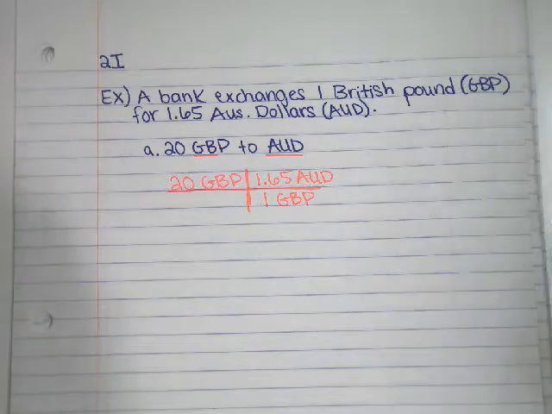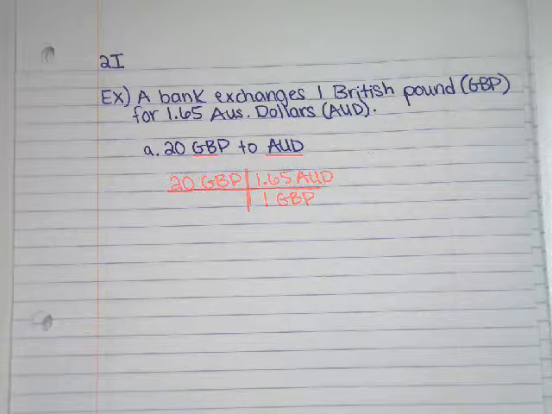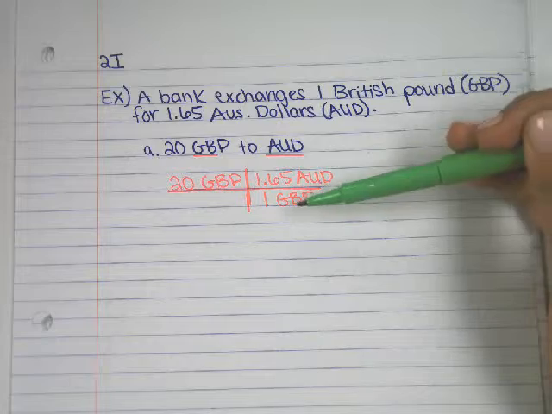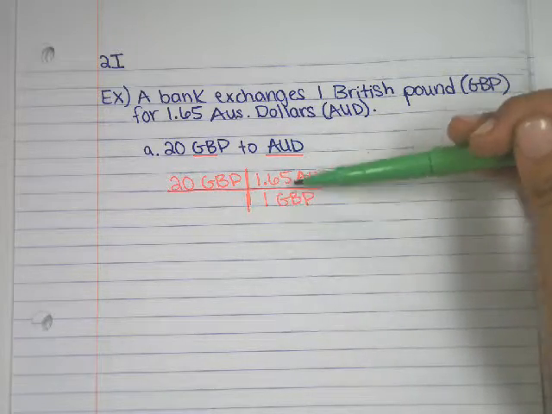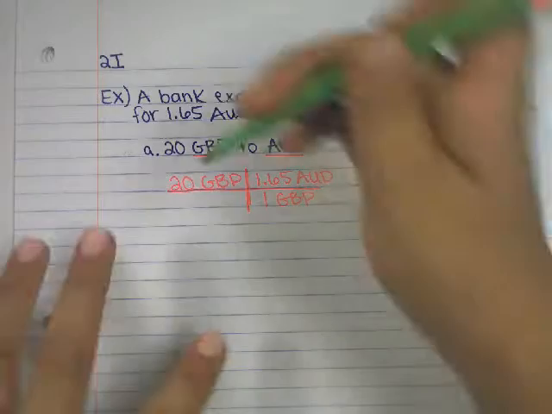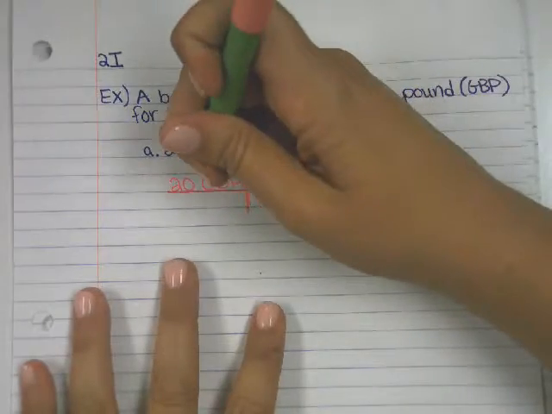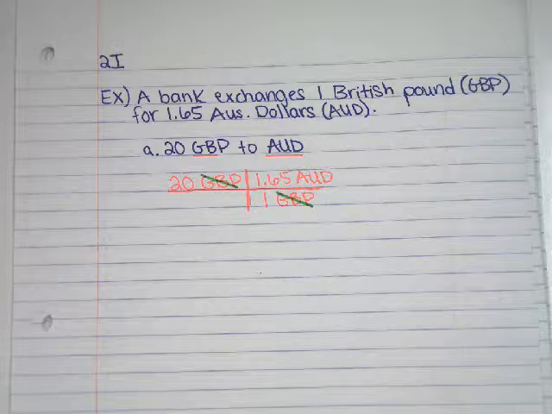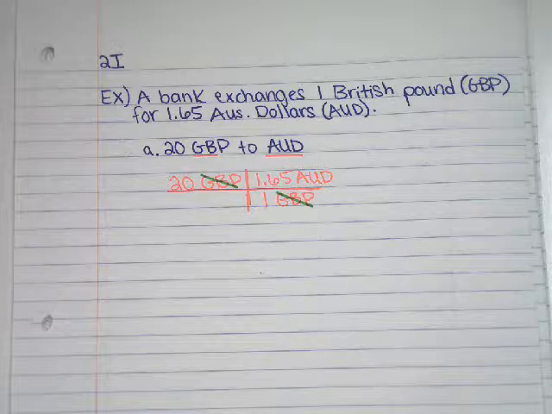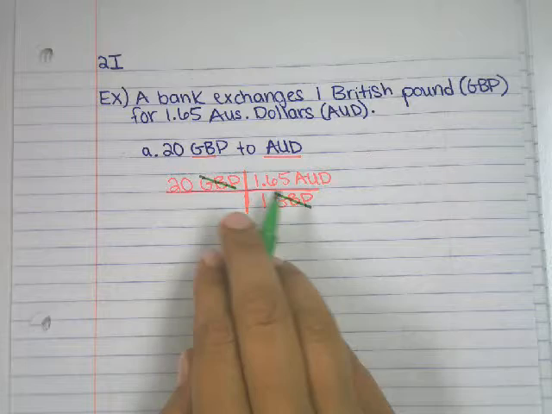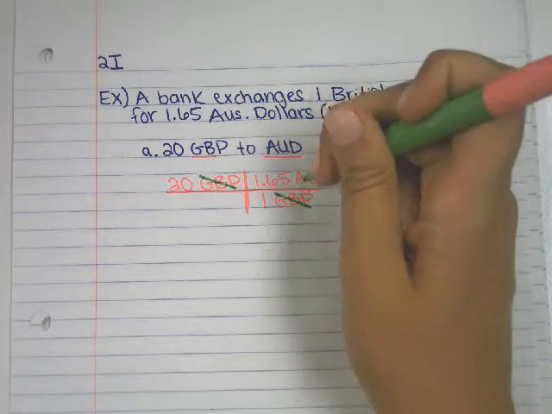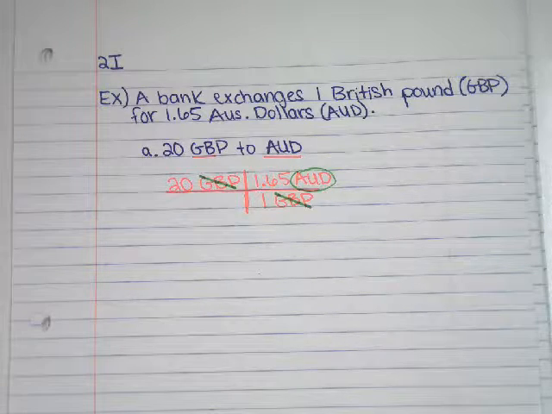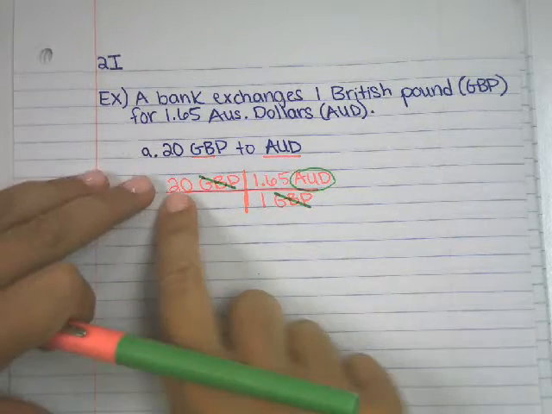This is a unit rate. These two items are equivalent to each other. 1.65 Australian dollars is equivalent to 1 Great British Pound. The reason we set it up this way is if you multiply something on the top and divide by it on the bottom, they cancel, and the same thing works for our units. So whenever we set these up, we want the GBPs to cancel top and bottom. The only unit left is our AUDs, our Australian dollars. If they're next to each other, you multiply across.